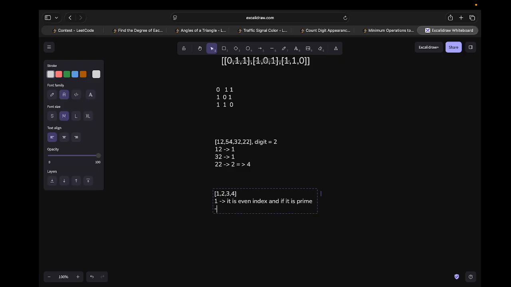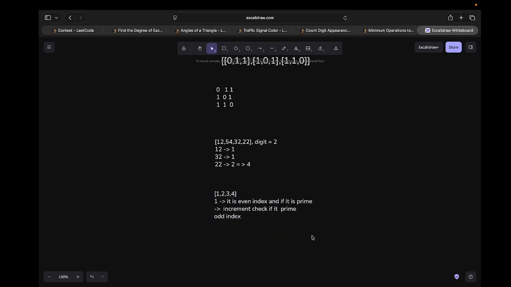Let's say you are at an even index and it is not a prime, so you just have to increment it and check again if it is prime or not, right? And same for the odd index, you just have to check that it is not a prime. So this is an easy problem.